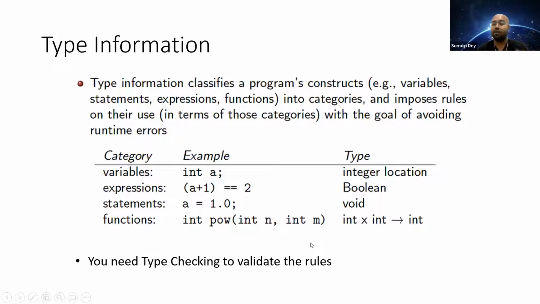As part of the type information, we add more information such as category and type to the input program. So you need type checking to validate the rules itself.